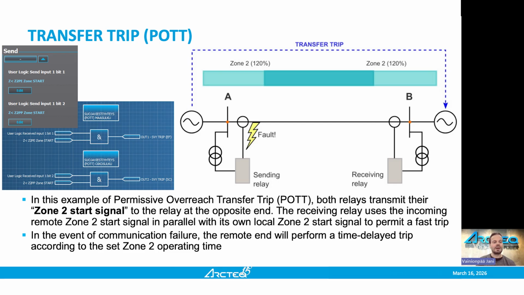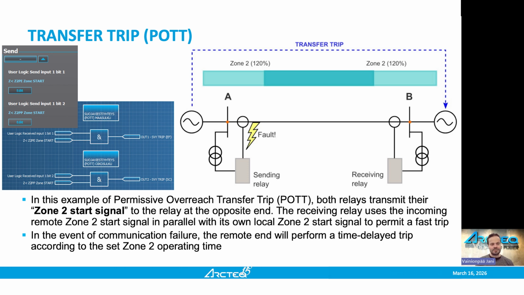Whenever this happens, we send a signal to the opposite side relay. And once the opposite side relay receives this signal, it is connected in the programmable logic in parallel with its own zone 2 starting.